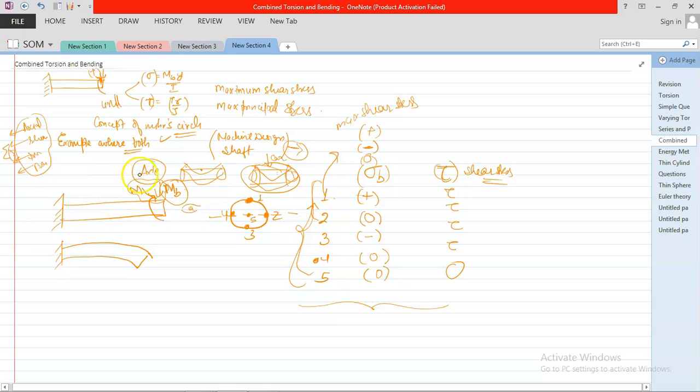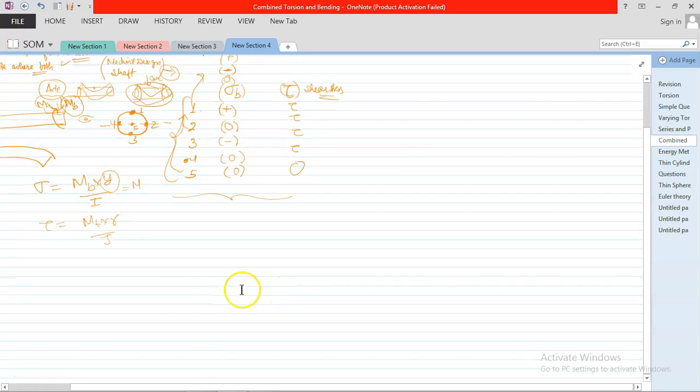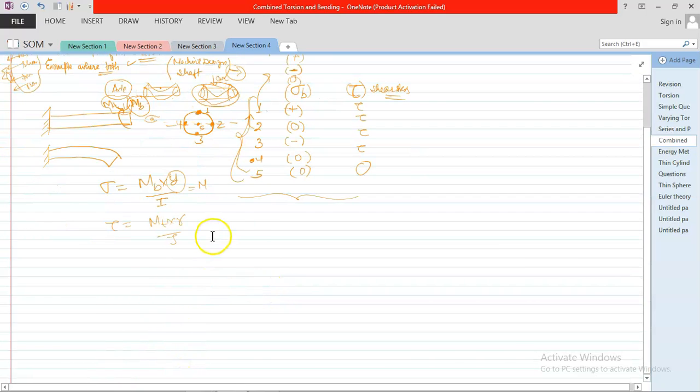Now suppose you need to find the maximum shear stress at point 1. First of all, what is the bending stress? Sigma equals MB into y by I, and the shear stress is MT into r by J. Let me write it separately.